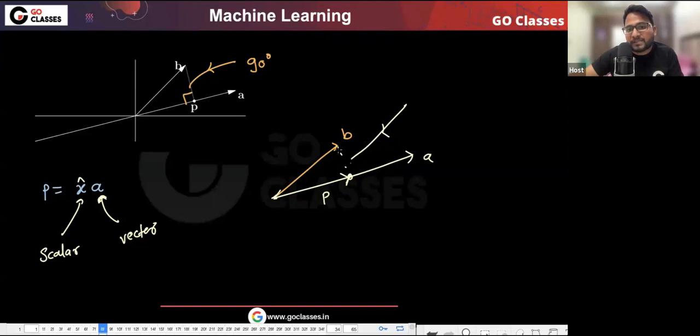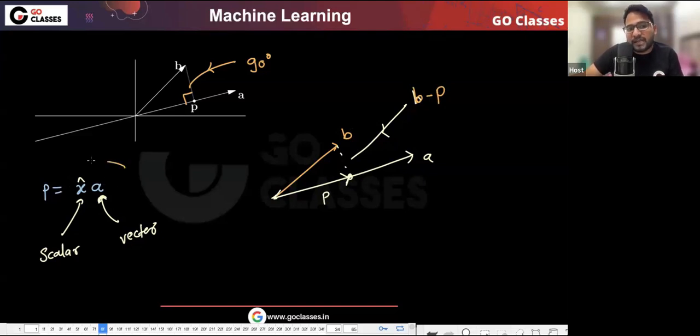So p plus this should be giving you b, right? So it will be b minus p. There is a triangular law, right? So this vector is b minus p. And p is actually x cap a, and our ultimate aim is to find what? The projection.